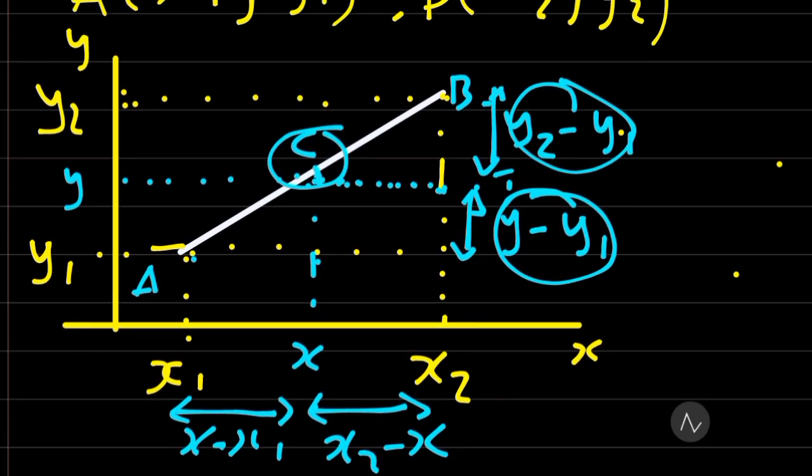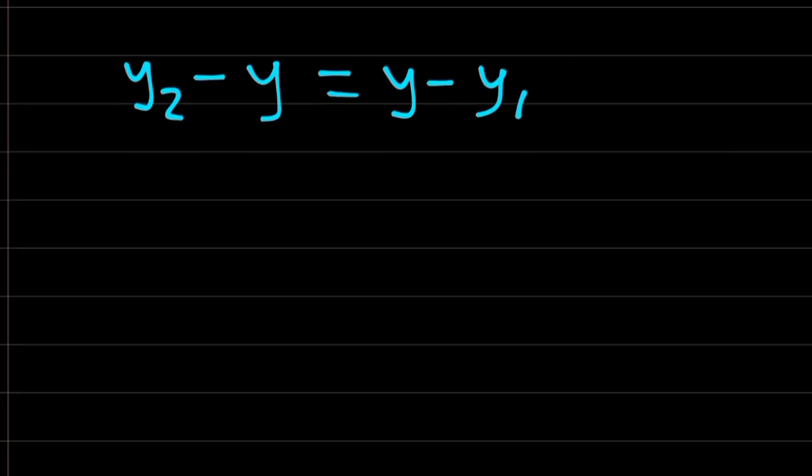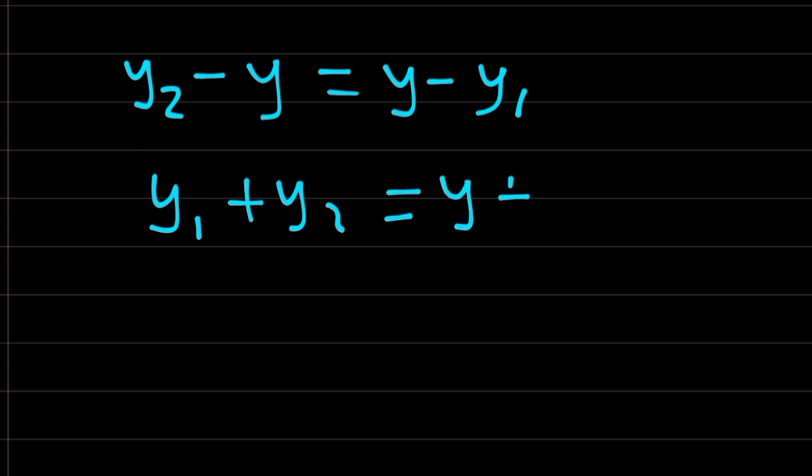For y, we have y2 minus y is equal to y minus y1. So on the y-axis, we have y2 minus y is equal to y minus y1. Let's make y the subject of the formula just like we did for x. Therefore, we are going to have y1 plus y2 is equal to y plus y.